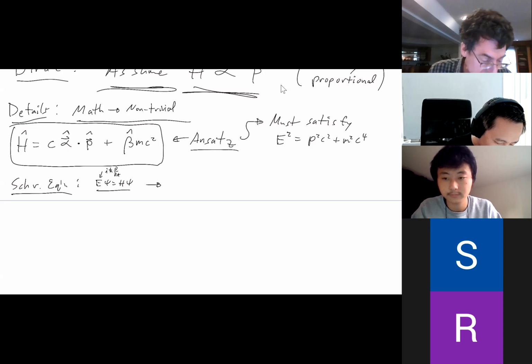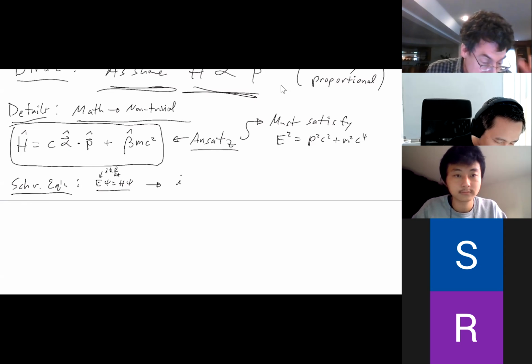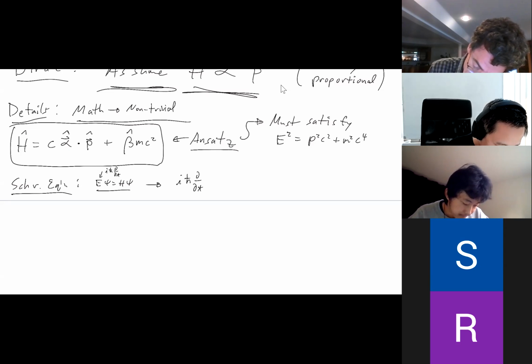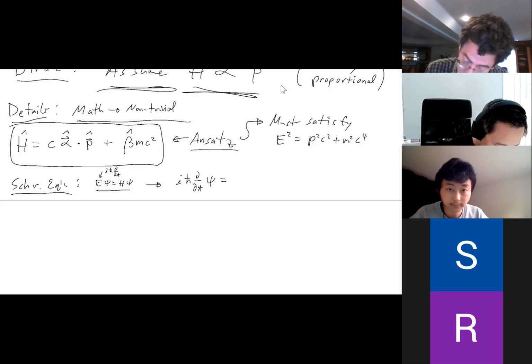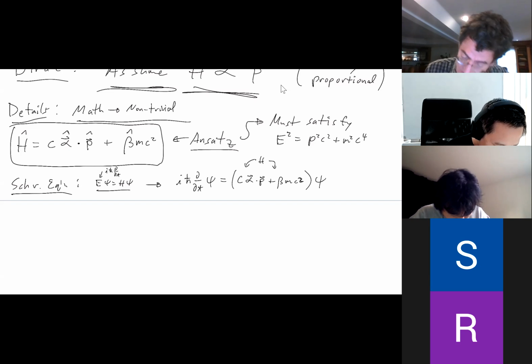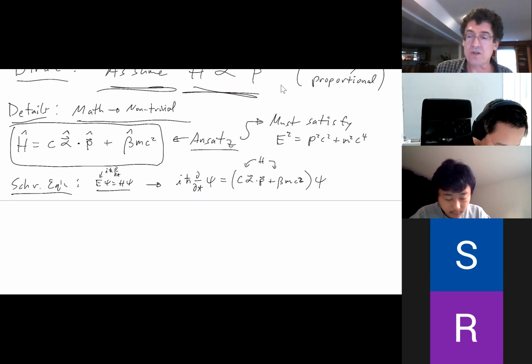So the new Schrodinger equation is i h bar d/dt psi equals the new Hamiltonian, c alpha dot P plus beta mc squared, times psi, where this is H. Okay, so this is our new Schrodinger equation, and this was his assumption.